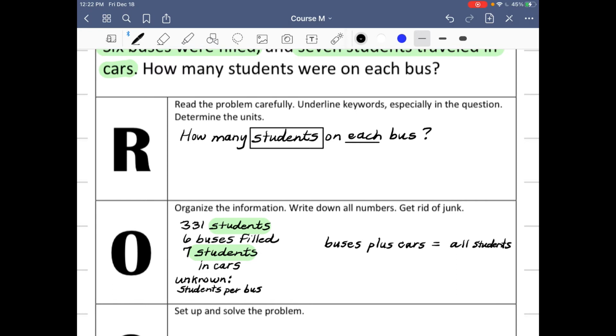So I'm going to use B. That's the unknown. I don't know how many students are on a bus, but I do know that there were 6 buses, plus 7 students went in cars, and that is a total of 331 students.